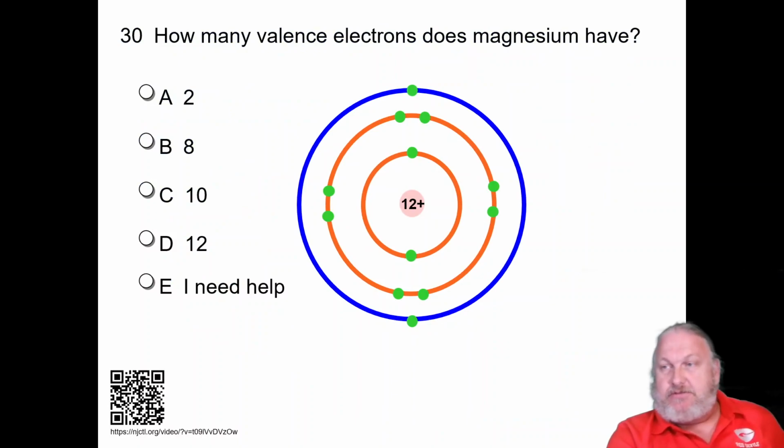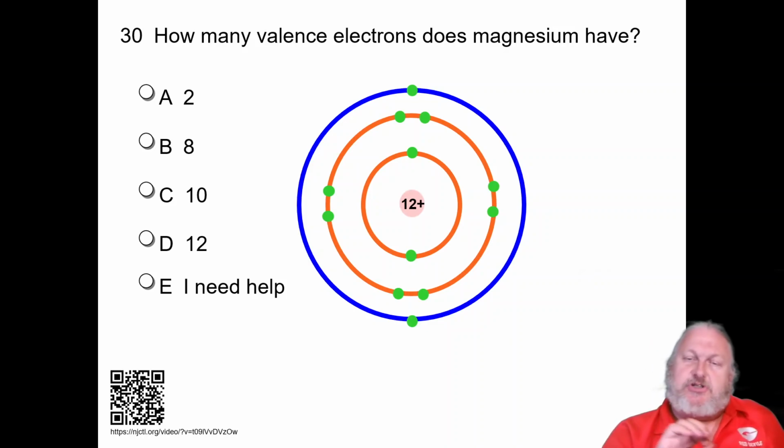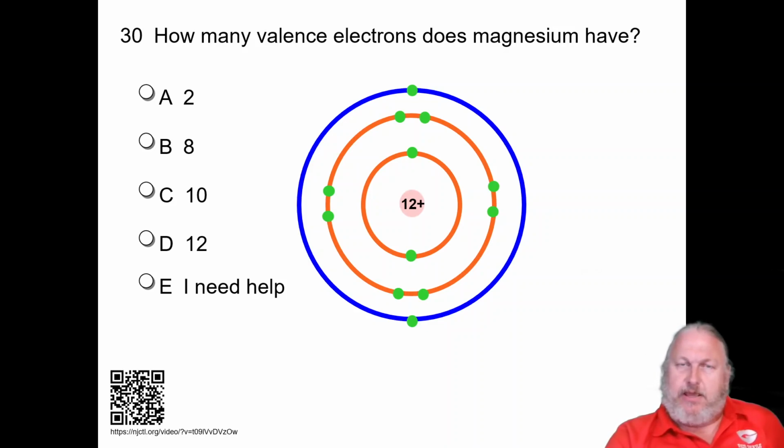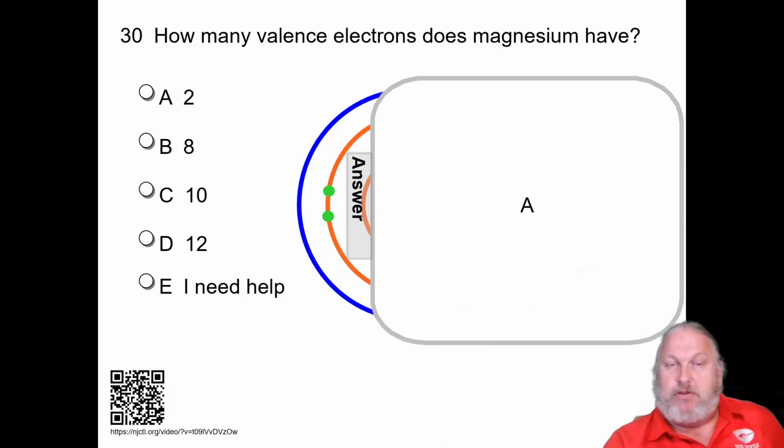Now let's take a little test here real quick. How many valence electrons does magnesium have? And these are just the electrons on the outer surface, if you would. I'll give you a second to check it. All right, come back on. And of course, you selected 2. There's 2 electrons on the outer surface of the atom.